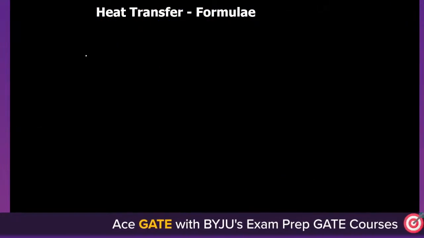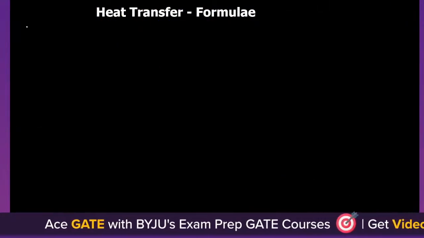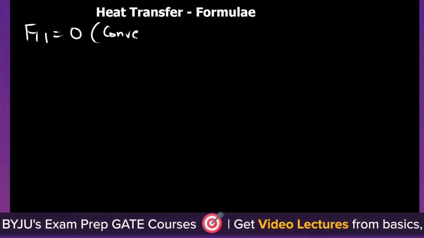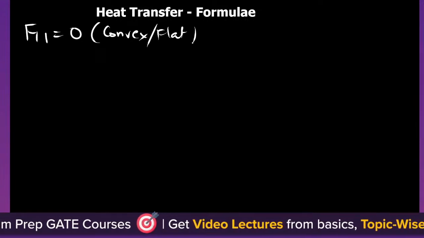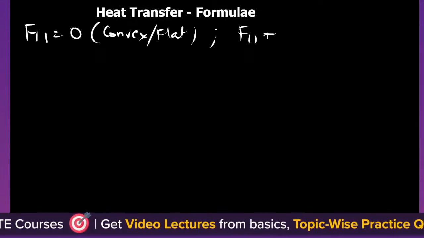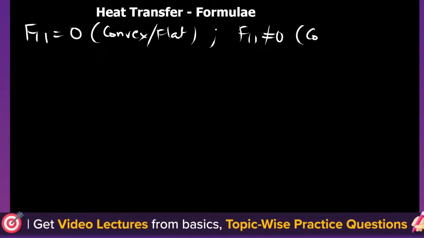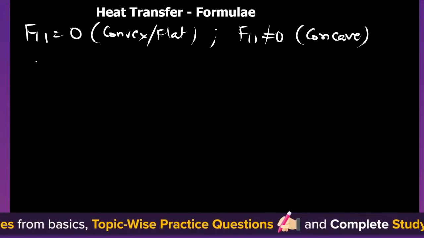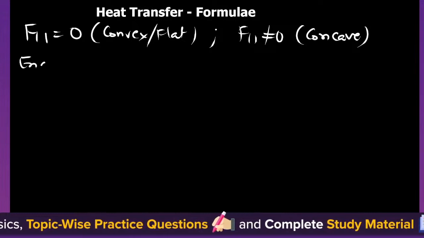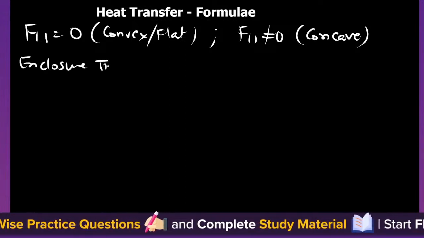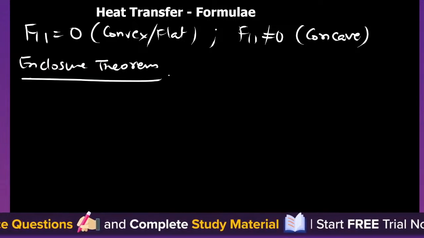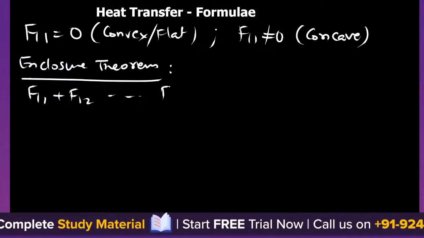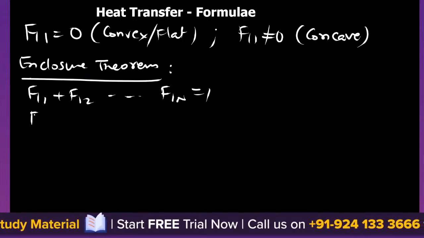Some other expressions: we can say F11, the self shape factor, is 0 for a convex surface and for a flat surface, but the self shape factor is not 0 for a concave surface. And according to the enclosure theorem, F11 plus F12 up to F1n will always be equal to 1.